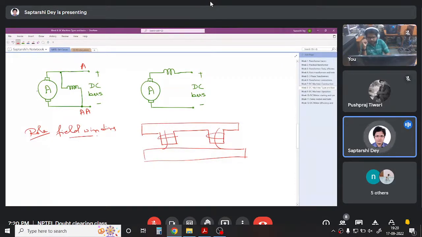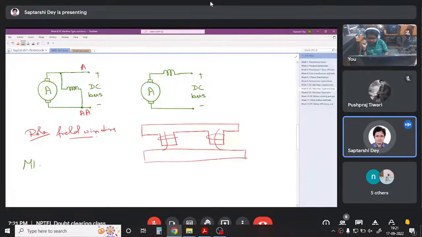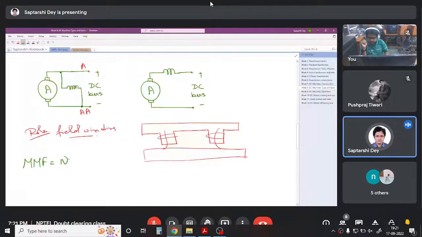Now, if you look at the equations for the magnetic circuit, what do they say? It says that MMF, magnetomotive force, which is nothing but number of turns times current, is equal to reluctance times flux. This is the reluctance of the magnetic circuit. Now, this reluctance completely depends on the shape of the circuit.